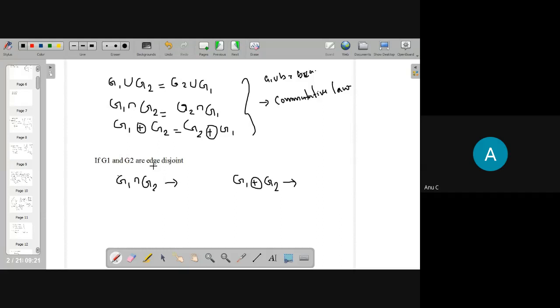Common edges ഉണ്ടാവില്ല. Okay. That means edges of G1 and G2 are different. Then G1 intersection G2 gives എന്തായിരിക്കും?